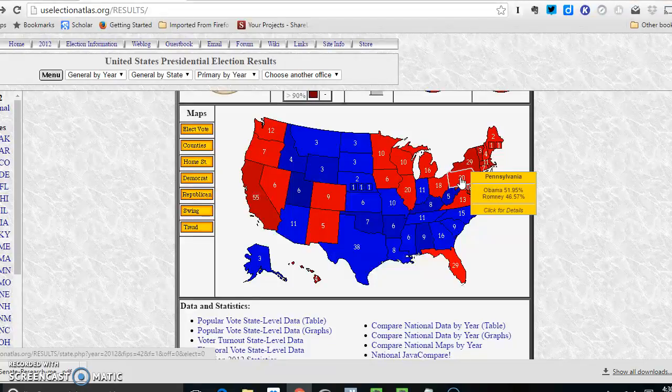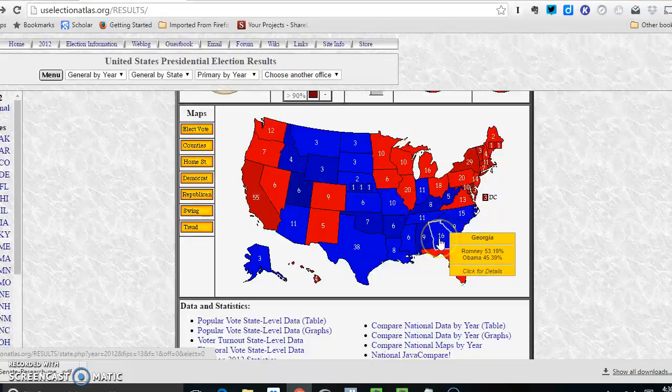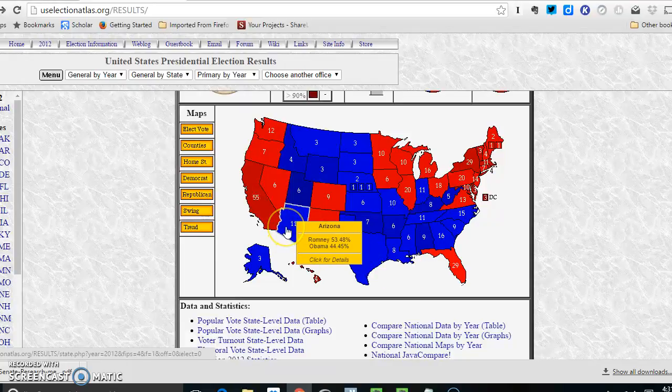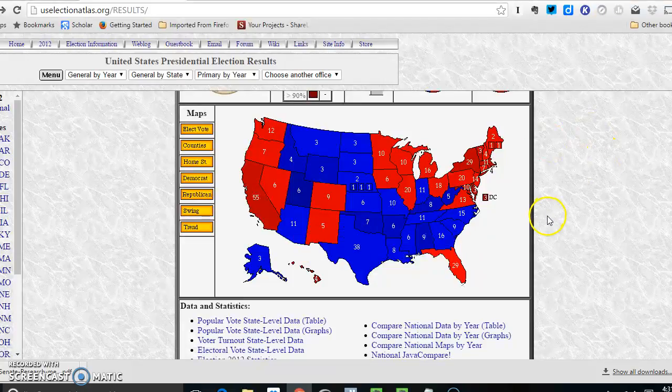The question is whether Mr. Trump can put that state in play against Mrs. Clinton. Mrs. Clinton is certainly hoping that maybe Georgia is a state where she might be able to reverse Governor Romney's advantage. Arizona is another state that Mrs. Clinton's campaign is hoping they can make competitive against Mr. Trump. And so it's going to be interesting to see what happens.